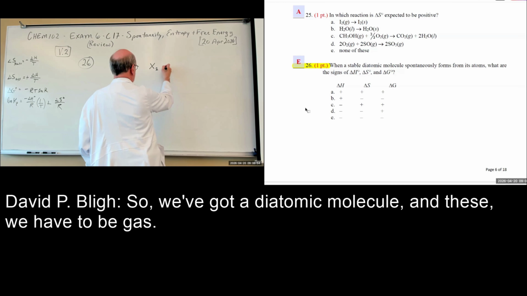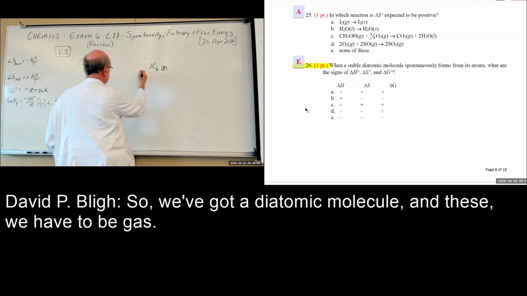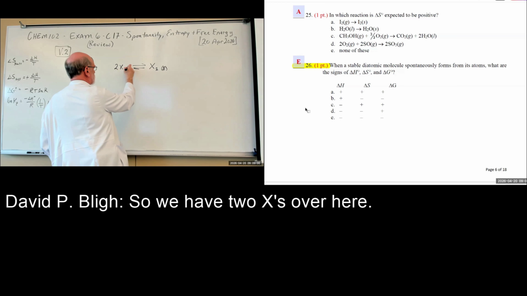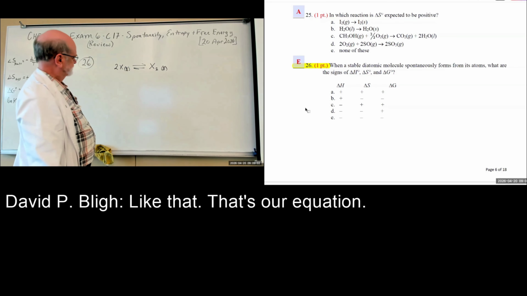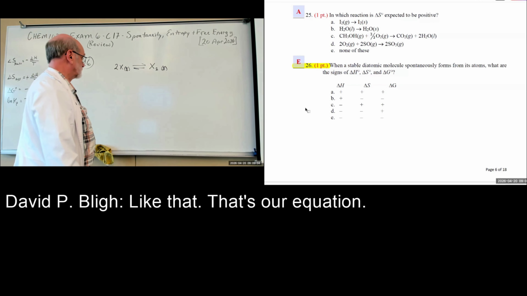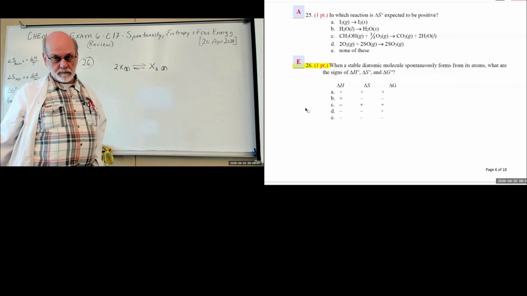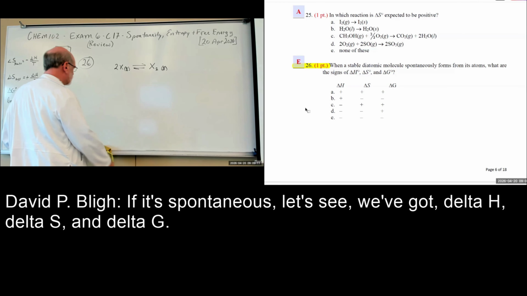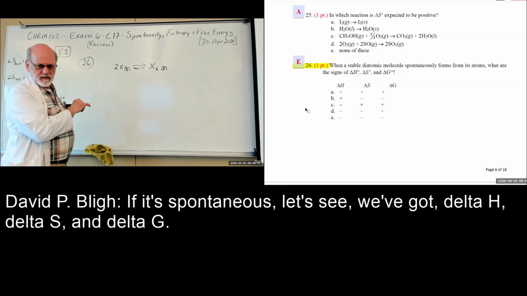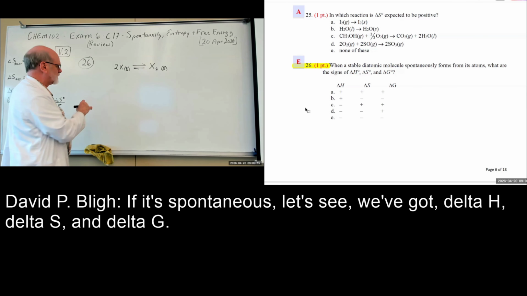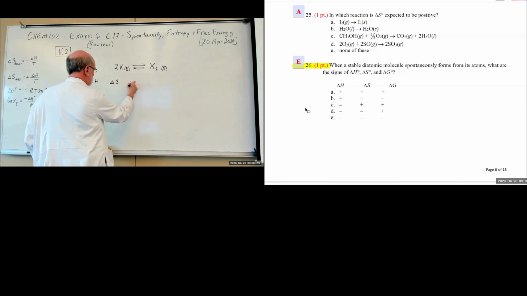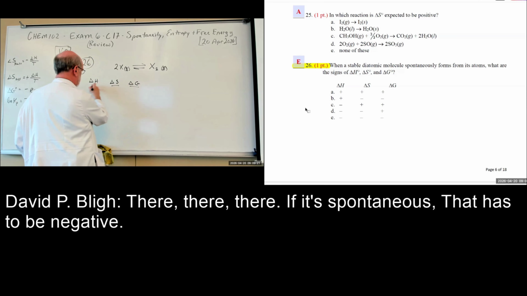So we've got a diatomic molecule, and these have to be gas. We have two X's over here, like that. That's our equation. Spontaneously forms. If it's spontaneous, let's see, we've got delta H, delta S, and delta G. There.